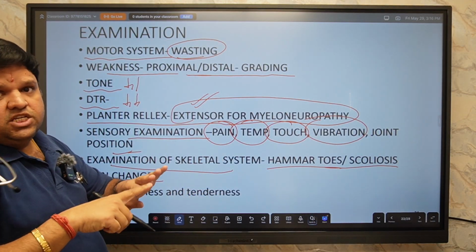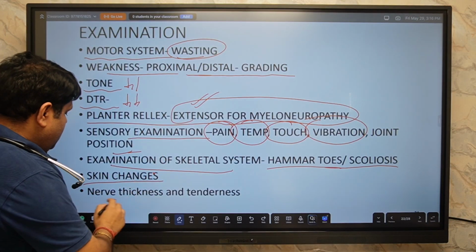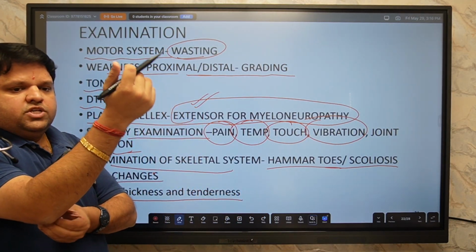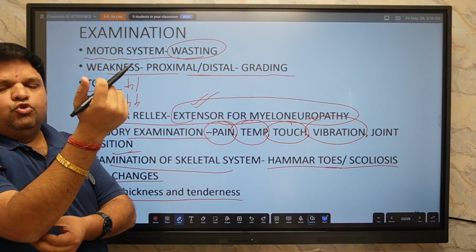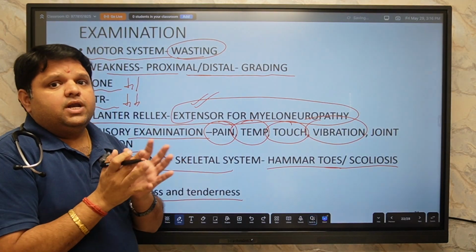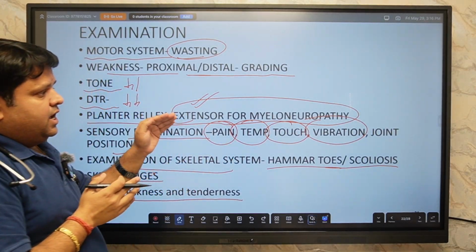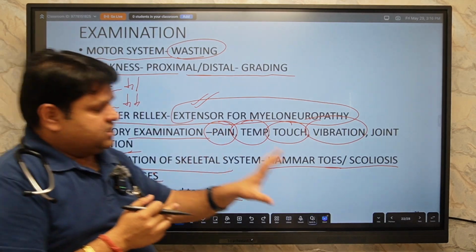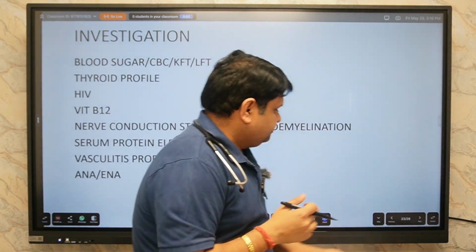Nail changes may also be present. Nerve thickness and tenderness: usually we look at the ulnar nerve and the common peroneal nerve thickness in leprosy cases, in which there is nerve thickness or tenderness. So this is a brief about the examination in neuropathy.